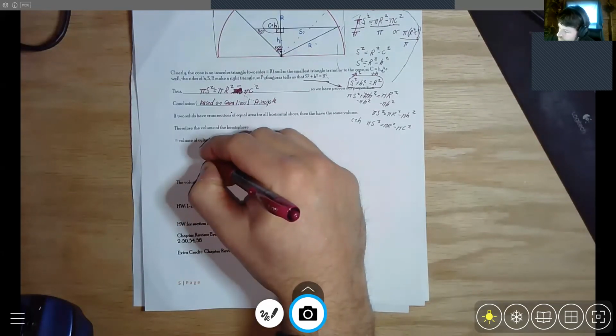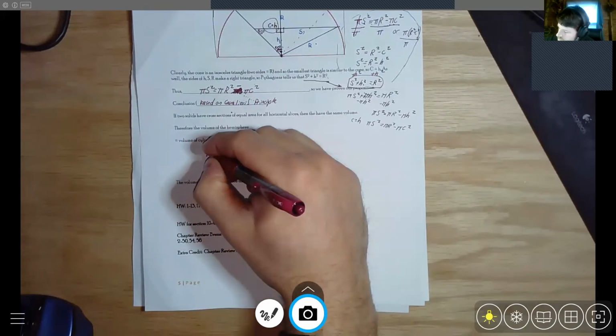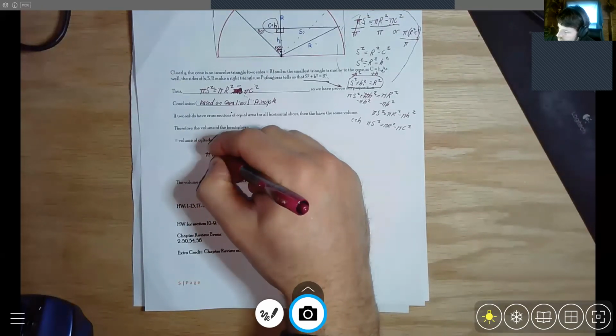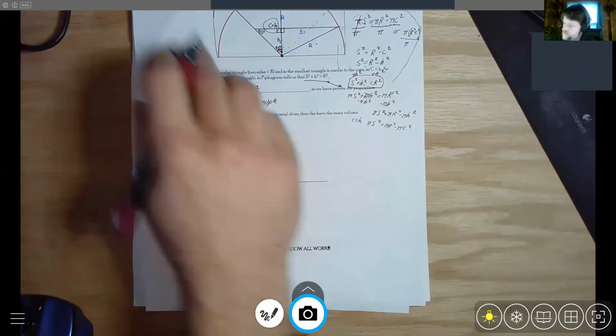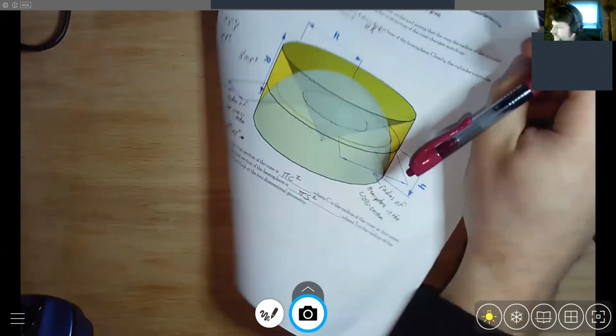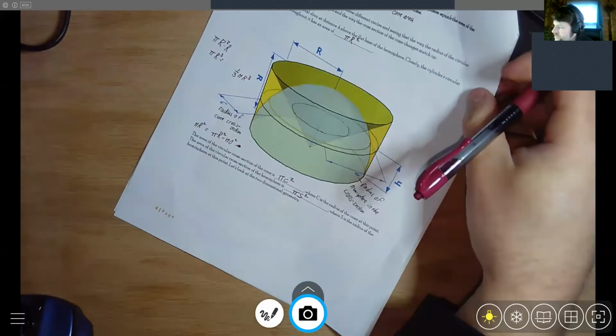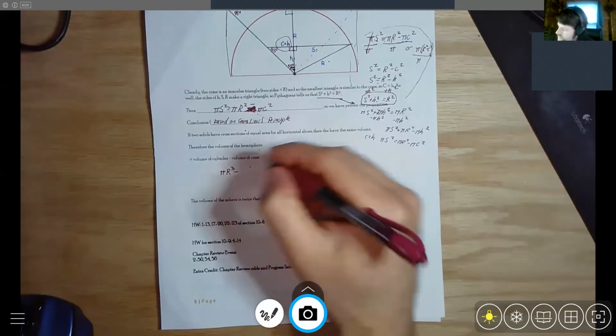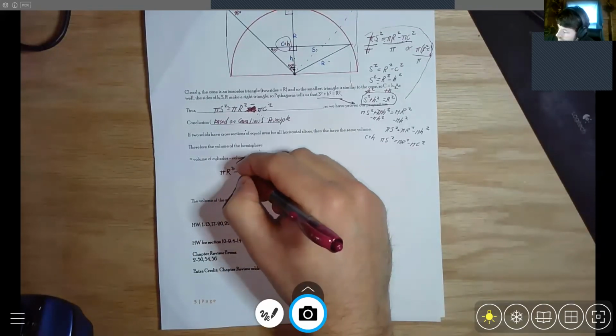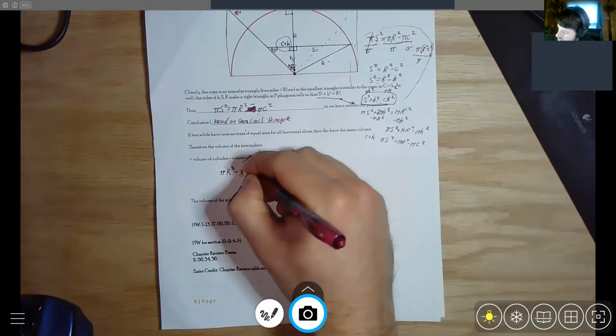So if we take the volume of the cylinder, which we said was pi r cubed, and we subtract the volume of the cone, 1/3 pi r cubed.